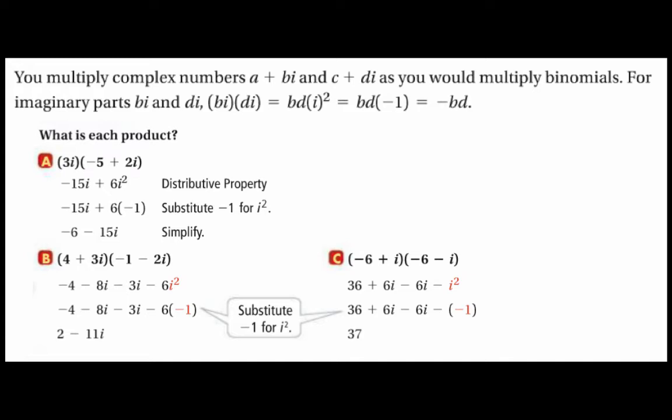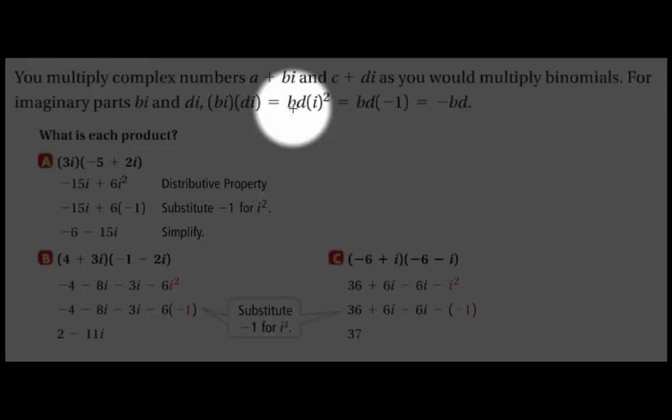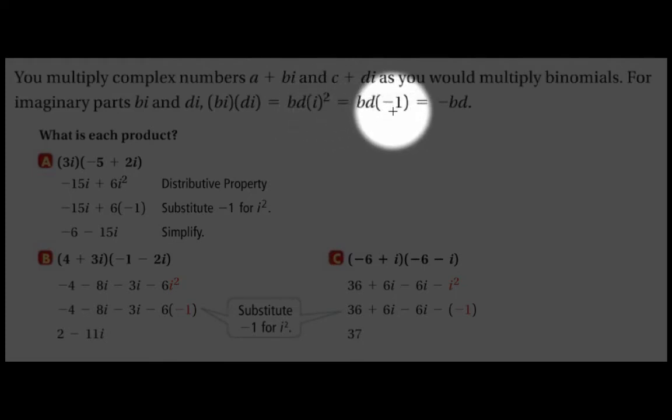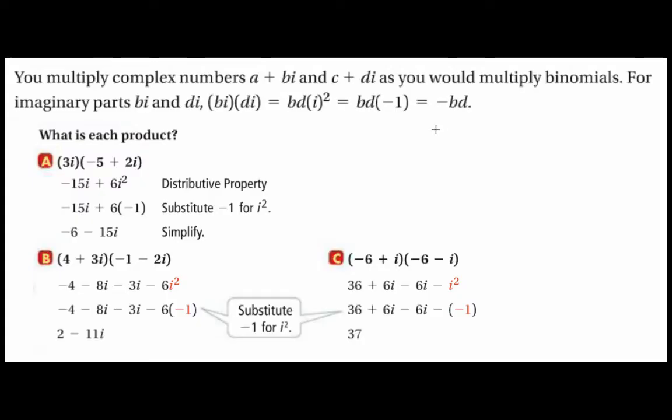For imaginary parts bi and di, bi times di equals bd, the coefficients on the imaginary units, times i squared. But then i squared has a value of negative 1, so bd times i squared becomes bd times negative 1, which is negative bd.